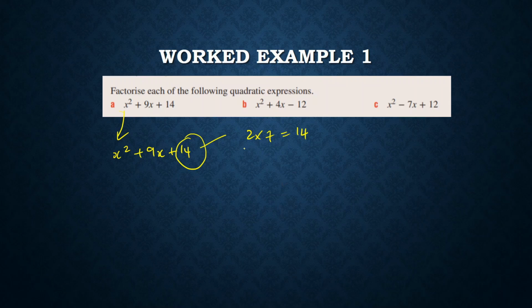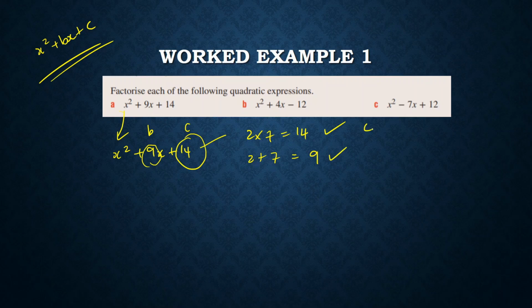All right, so that 2 and 7 tick off being times together. Now, if I add 2 plus 7, will that give me my b value? So this is c and this is your b value because the formula is x squared plus bx plus c, as I showed you at the start. So does 2 and 7 give you 9? Yes.